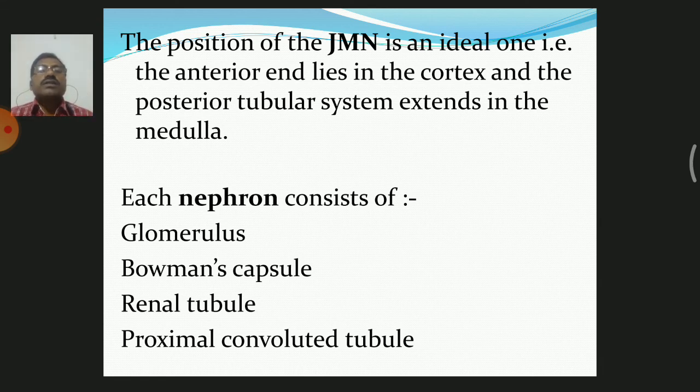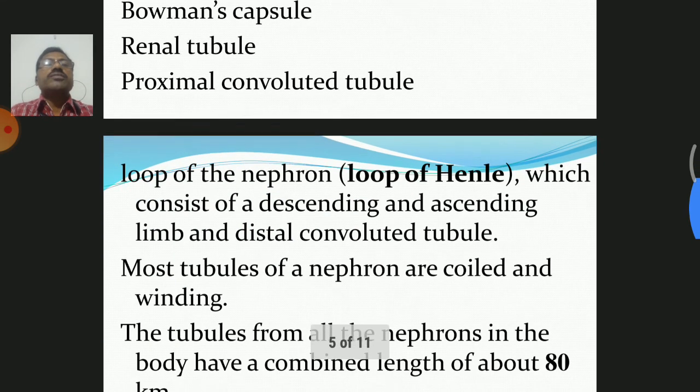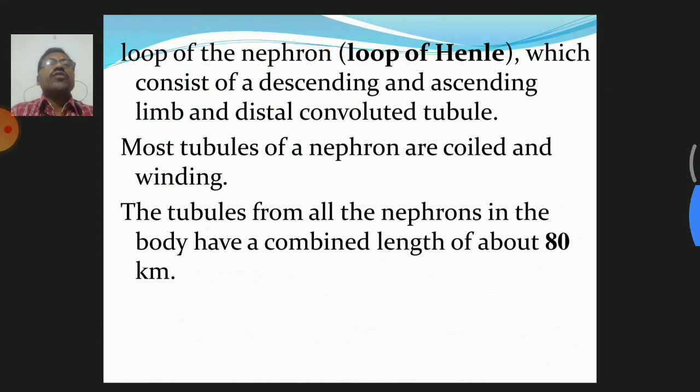Each nephron consists of the glomerulus, Bowman's capsule, and renal tubule: the proximal convoluted tubule, the loop of Henle, which consists of descending and ascending limbs, and the distal convoluted tubule.